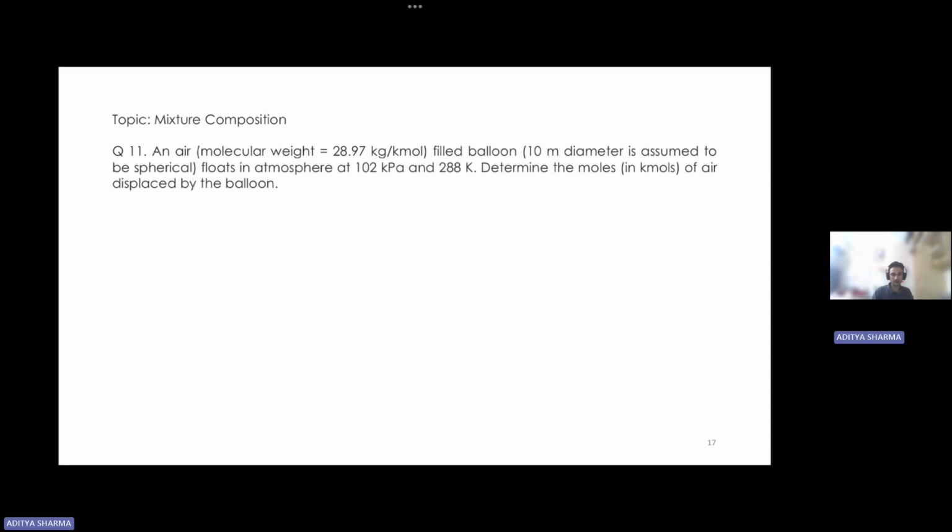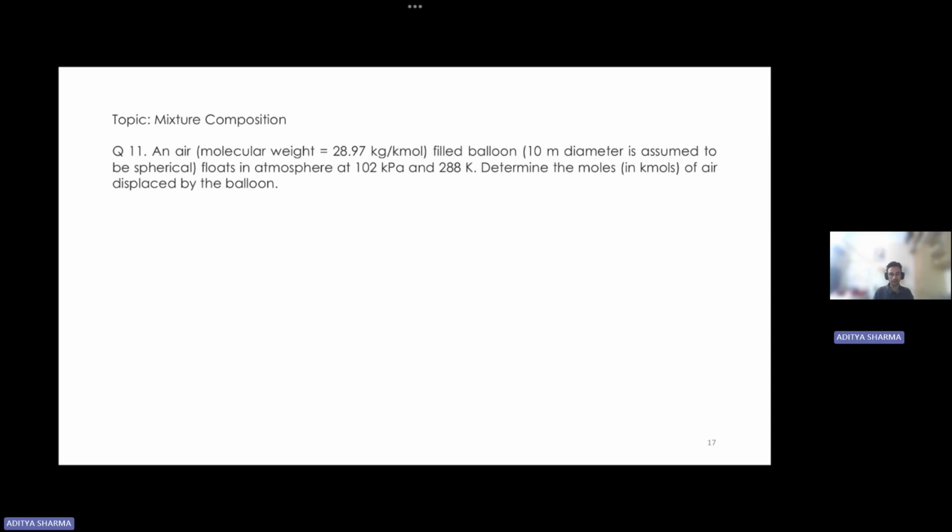So let's try this out. How can we calculate the number of moles? We have a balloon, and we will consider that the balloon is spherical. For moles, we need the mass of air that is there in the balloon, and then we need the molecular weight of air.